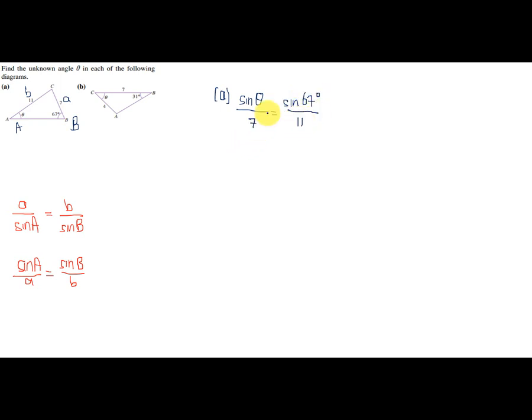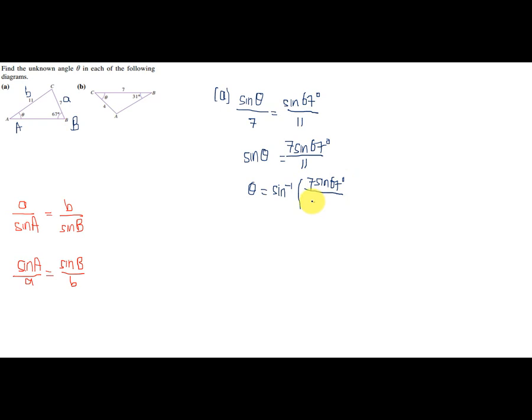Okay, now we're going to see why this is preferred. So I want to make theta the subject, so I multiply 7 on both sides. Okay, now to solve theta, you take the inverse of sine. Inverse of sine. This one, if you don't know what I'm talking about, refer to the trigo ratio videos.